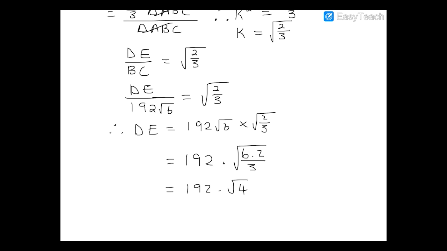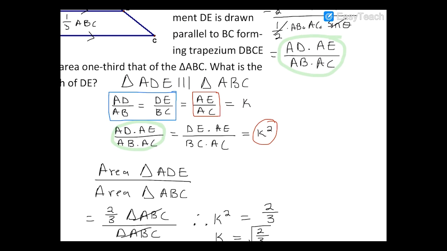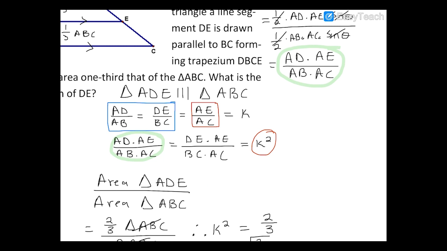So we have 192 times 2, which our side DE at the end is equal to 384. Okay, so it's very important to remember that if you take the ratio of the areas of two similar triangles, what you actually got is the proportionality constant between the sides of those two triangles squared.